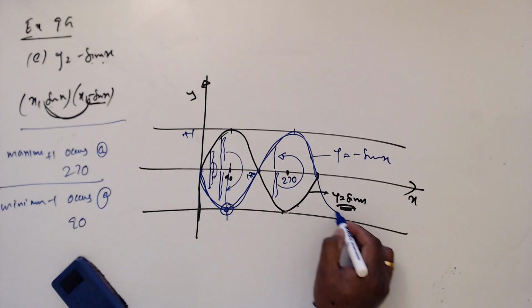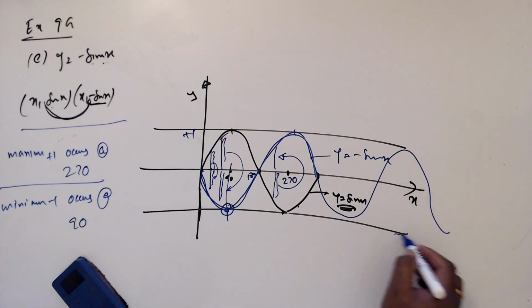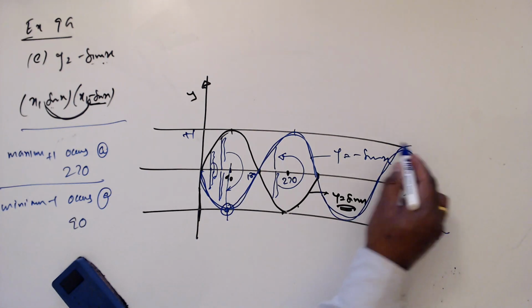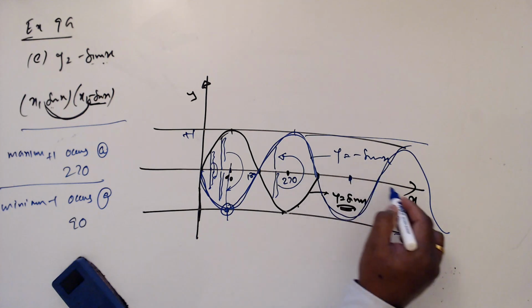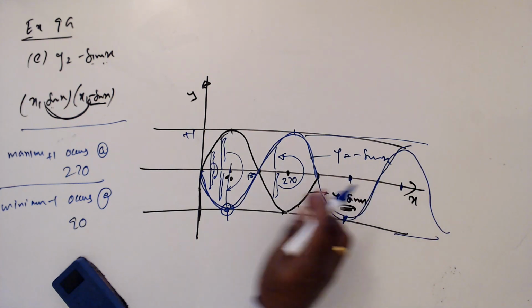So it will continue like this up to infinity. You will get a lot of x values, but we need the smallest one.